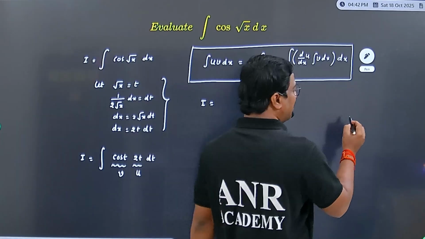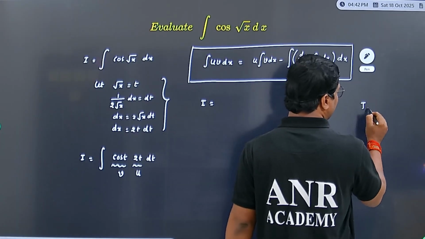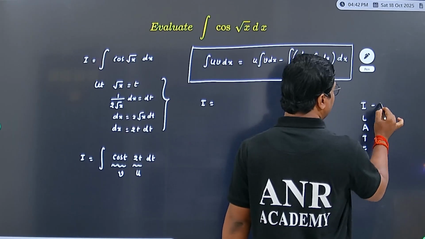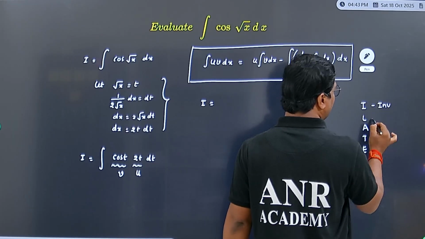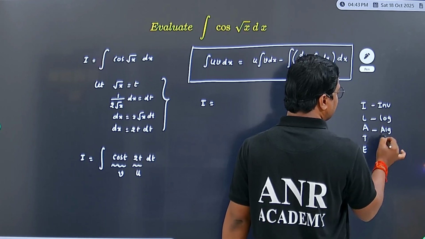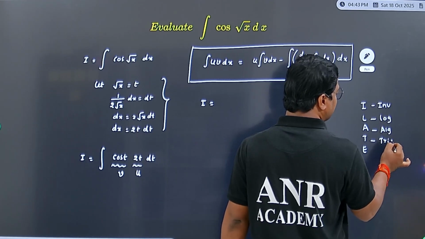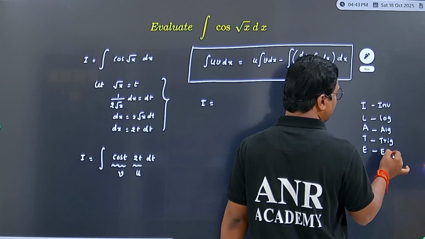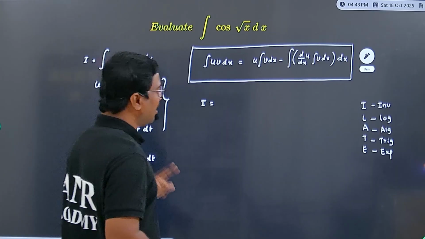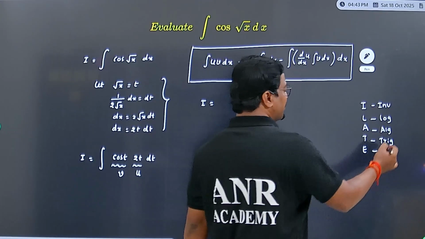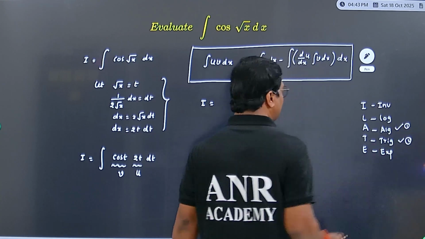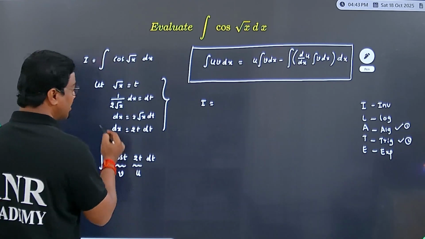The preference for first function with the help of the ILATE rule: I means inverse trigonometry, L for logarithmic, A indicates algebraic, T indicates trigonometric, E that is exponential. So here you have trigonometry and algebraic. First priority algebraic, second priority for trigonometric. So this is u and this is v.